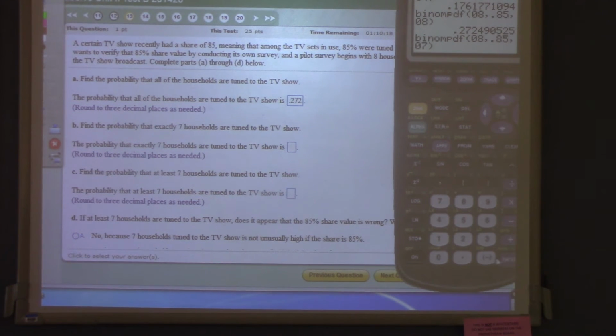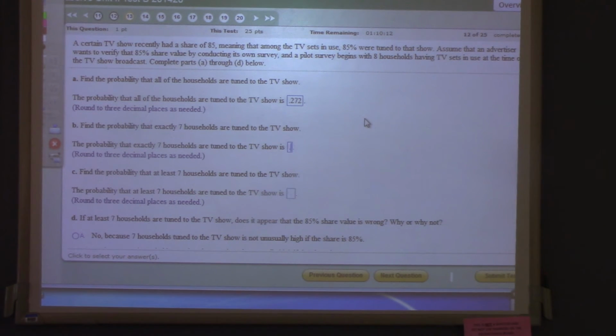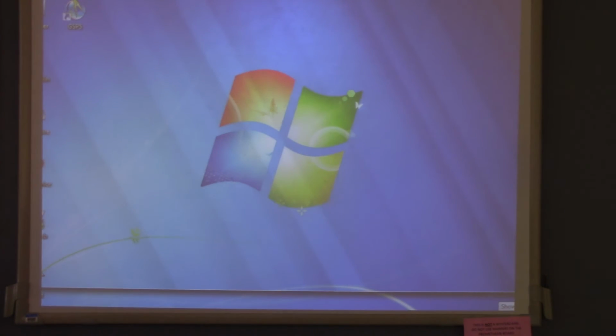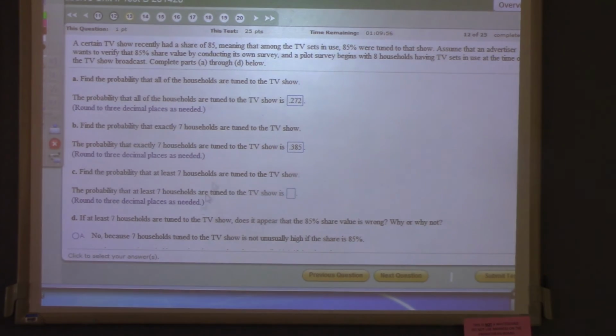I should be ashamed of myself giving y'all this simple test. 0.385. Okay, I'm going to let y'all do C.